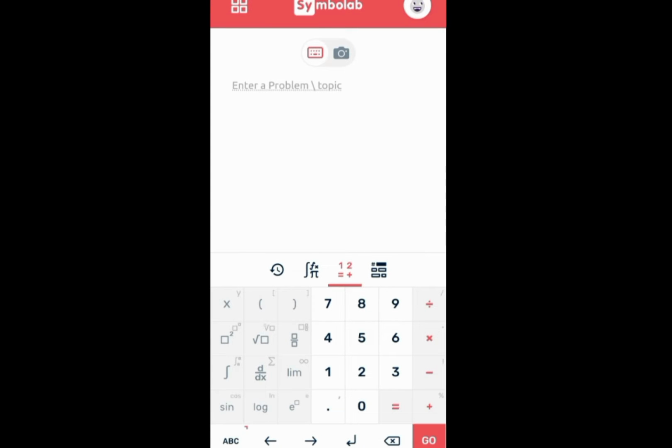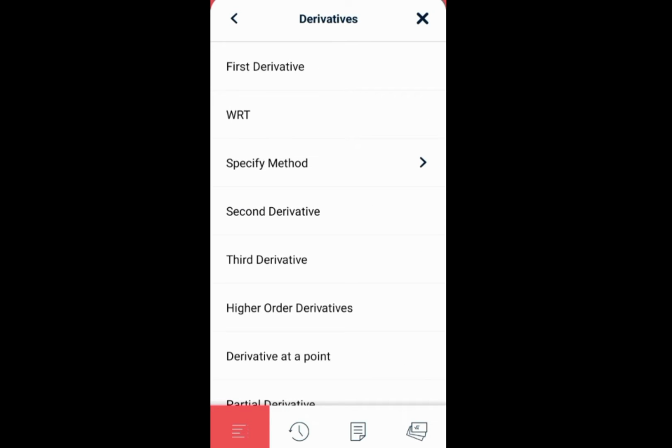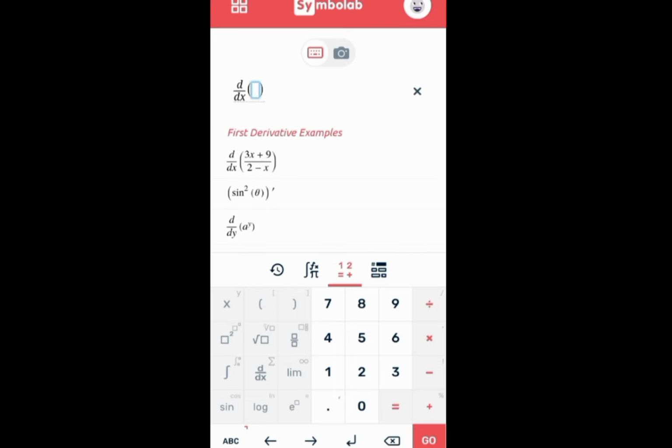So now let's try typing in our problem. For example, we want to solve calculus derivatives. Just select the appropriate functions and then type in our problem. For example, we want to solve the derivative of 4x squared minus 3x minus 2.